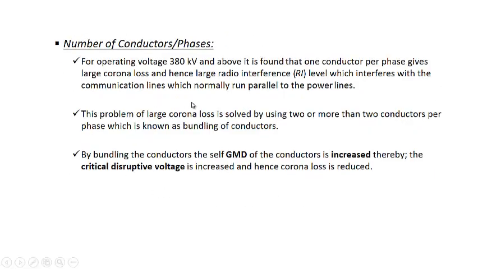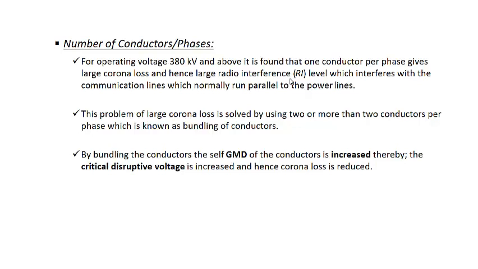Now, number of conductors per phase. For operating voltages of 380 kV and above, it is found that one conductor per phase gives large coronal loss and hence large radio interference, because this is one of the disadvantages of corona, that it also introduces a higher frequency component, the third harmonic component, that is 150 Hertz, which results in radio interference.